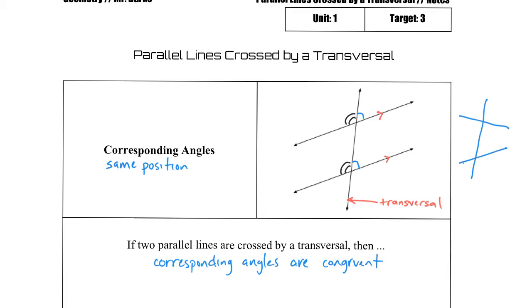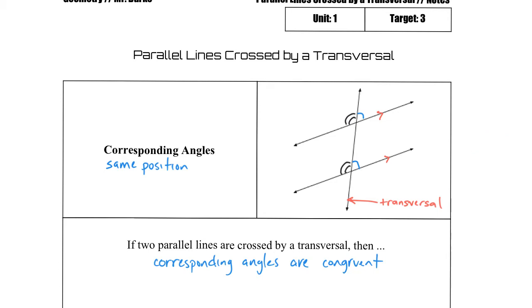There'd be a corresponding angle right here and right here. Those would be corresponding angles. The difference is because these are not parallel, then that means that these corresponding angles are not congruent. So this is required. If 2 parallel lines are crossed by a transversal, then corresponding angles are congruent. So that is our first pair we need to know.